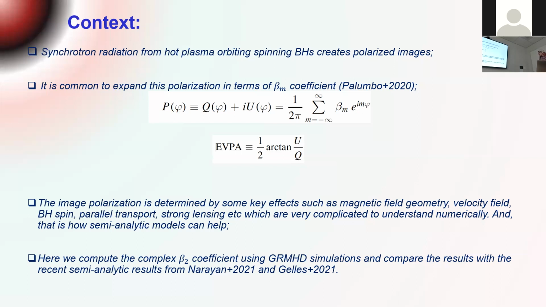And Gelles et al. in 2021 considered an extension to also consider the spinning black hole. So from here on, I'm going to compute beta_2 from the numerical simulation, and compare that with the results from the semi-analytical work. I hope it's clear what I'm going to do, because I'm going to be super fast here. Let's start.